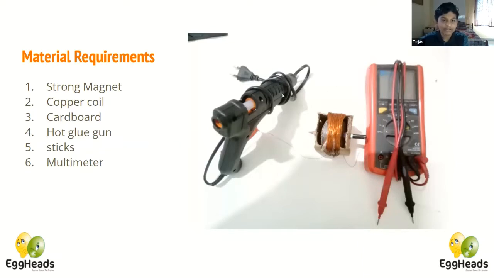So how do you actually build this? The first step of building this is you need to create a frame, because the main part about this is getting that magnet moving or rotating.